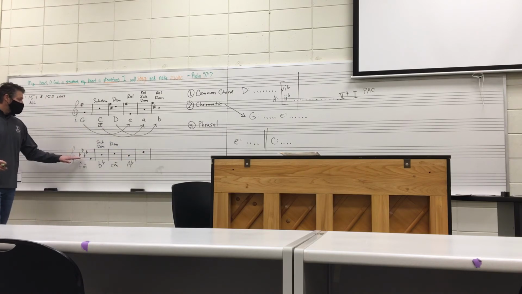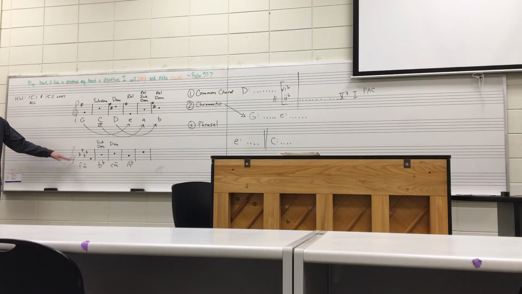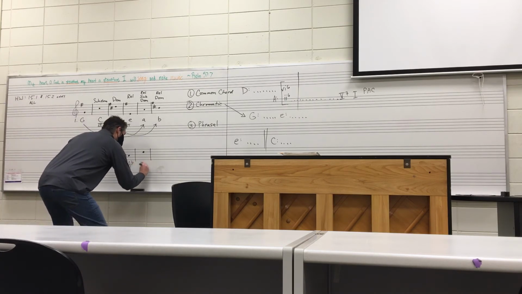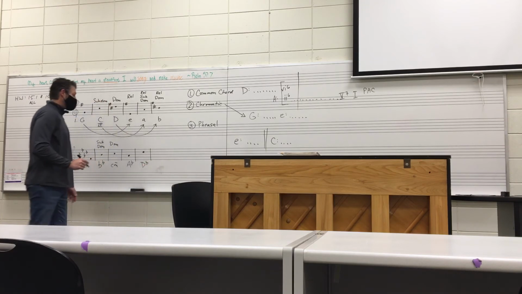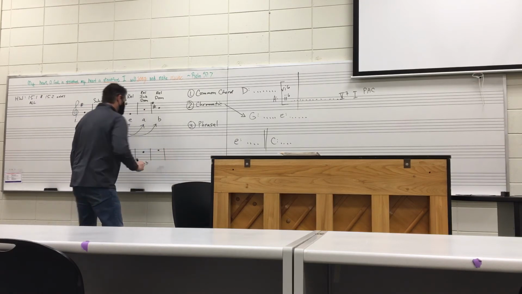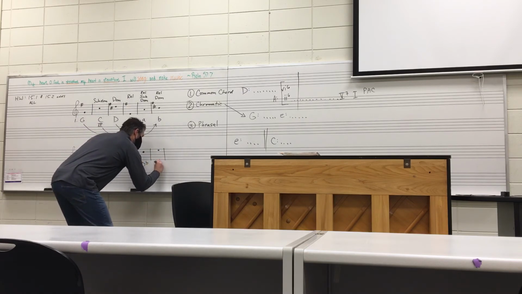Well, the key signature for D flat major is 5 flats, so that's closely related. And then I'm gonna go to the dominant, and E flat major has 3 flats.